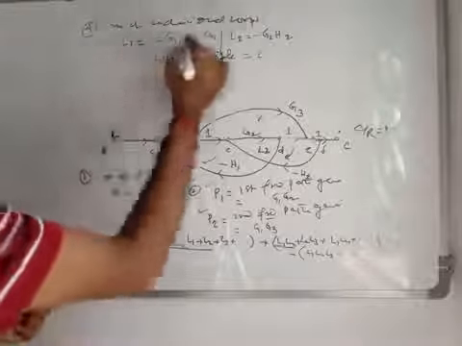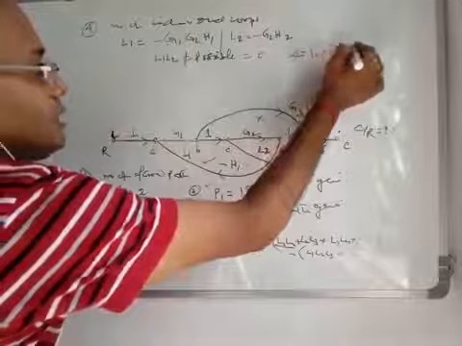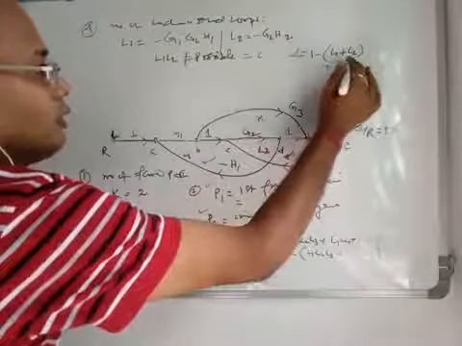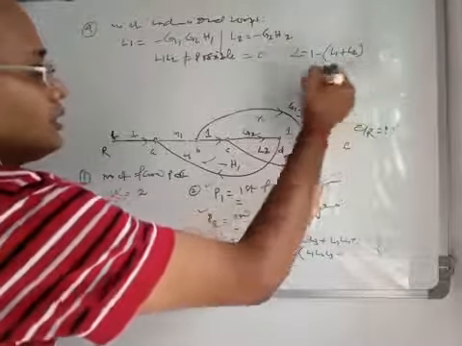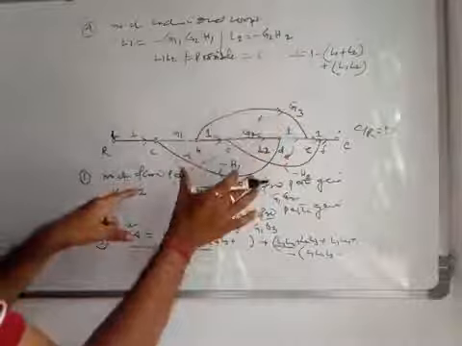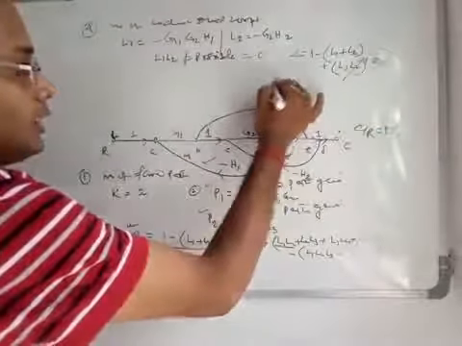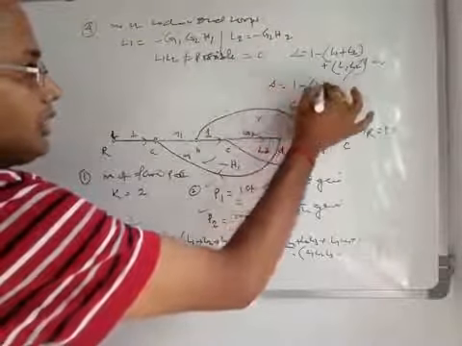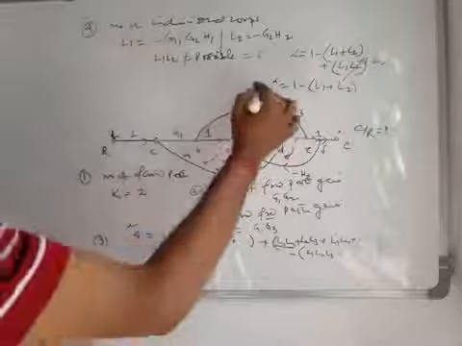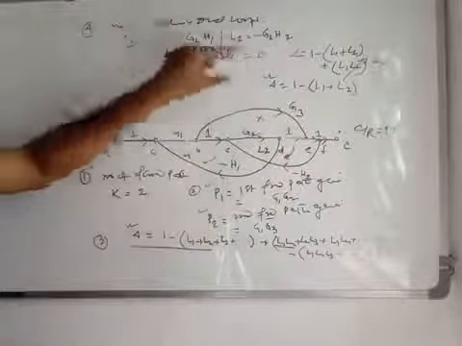So ultimately what you get, delta is equal to 1 minus L1 plus L2 plus L1 L2. This is the ultimate formula. From this generalized formula for this particular problem we get this, and L1 L2 is 0. So delta becomes 1 minus L1 plus L2, right? So this is the formula for delta. Now if you put the value of L1 and L2, you get the delta.